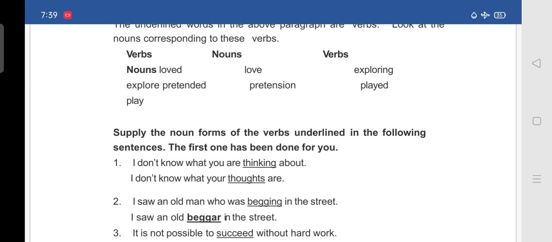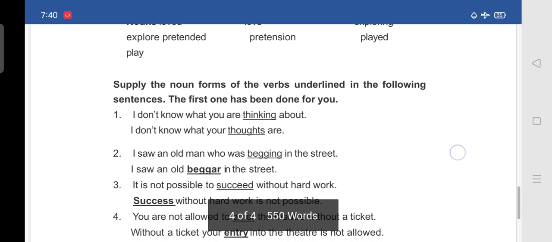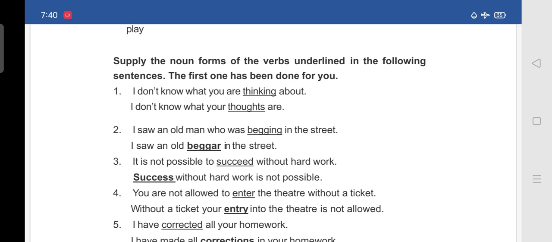So, verb is loved and the noun is love. Exploring, exploring is verb. Explore is noun. Pretended is verb. Pretension is noun. Played is verb. Play is noun. Supply the noun forms of the verbs underlined in the following sentences.